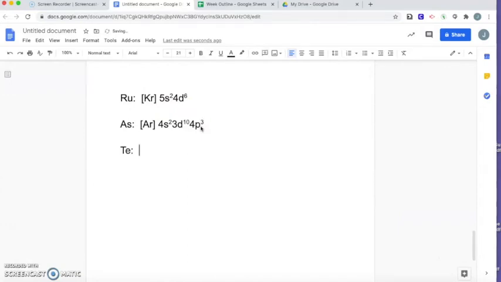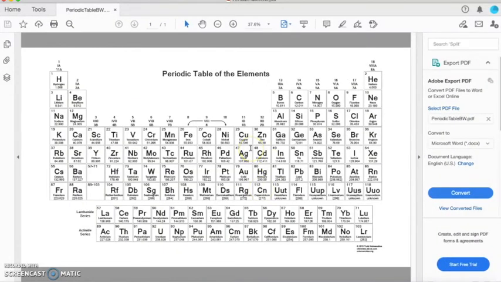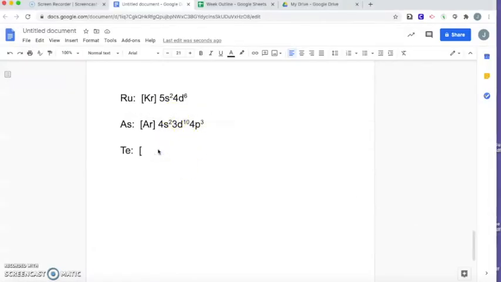And the last one on the list, tellurium, Te. Tellurium, let's find Te. It's right here, right? And it's number 52. So I work backwards, and it takes me to krypton. So tellurium is krypton, so Kr.